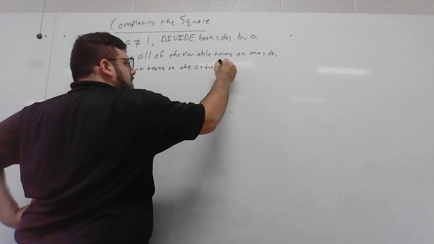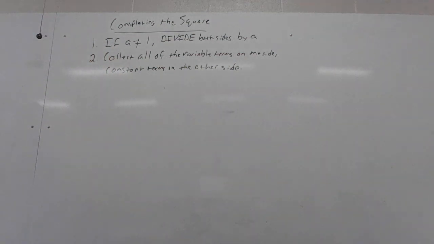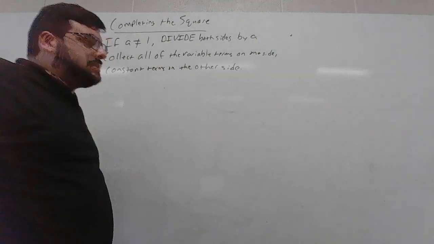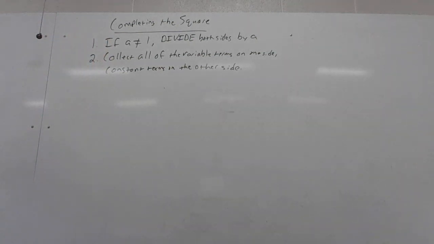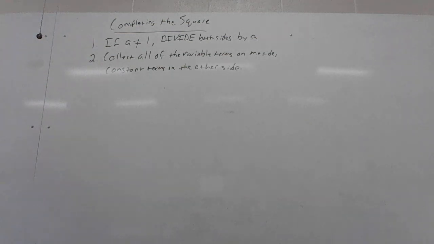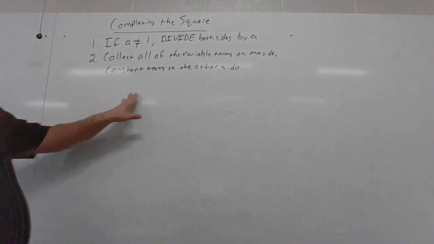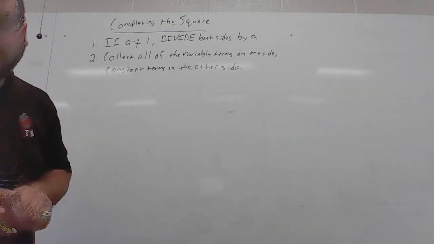Now normally, when we're solving quadratic equations or solving any equations, you almost always want to try to get everything on one side. But for completing the square, that's not necessarily the case. Okay? If we're completing the square, then we want to make sure that all the variable terms are on one side, and then the constant terms are on the other side.